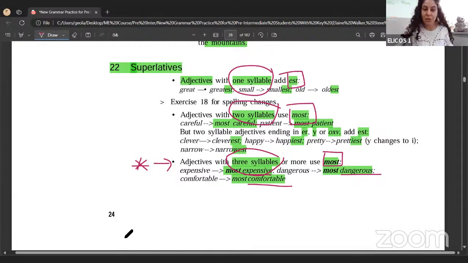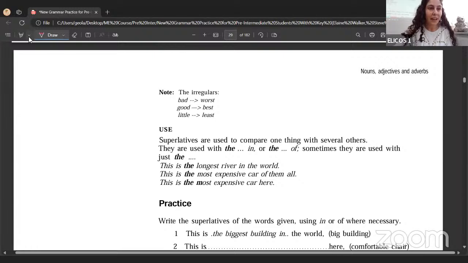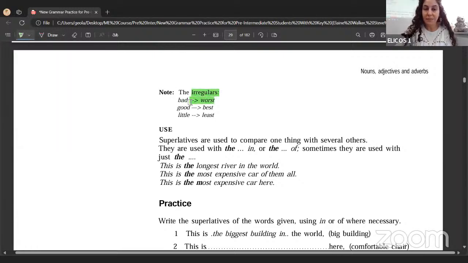Let's talk about the irregulars. As we had in the comparative, we had some irregulars. And the irregulars here are the word bad, which we say worst. Remember in the comparative, it was worse.